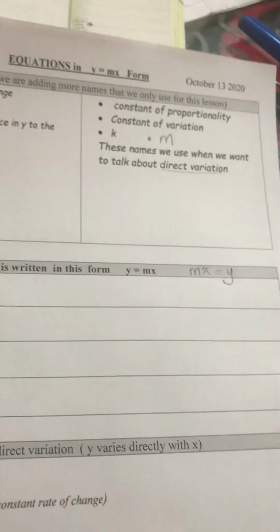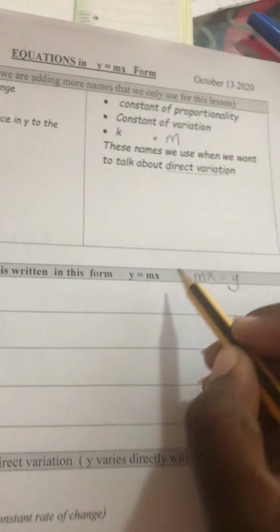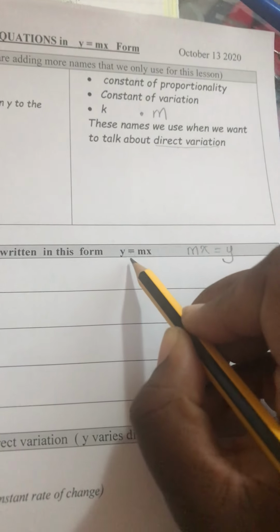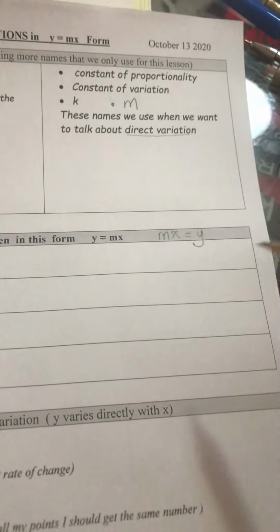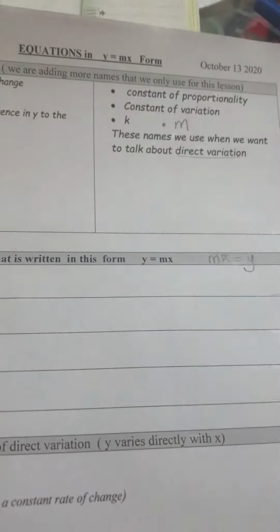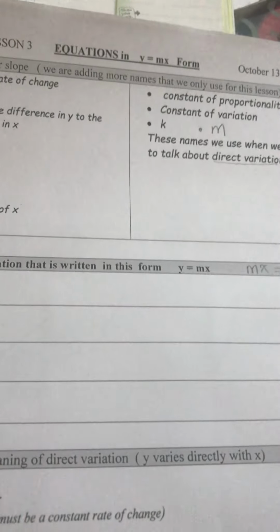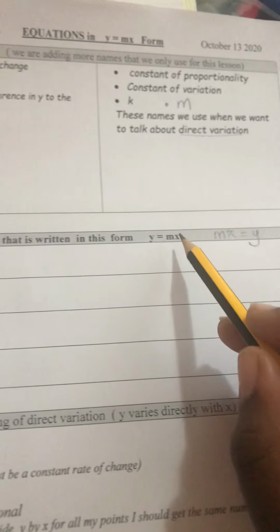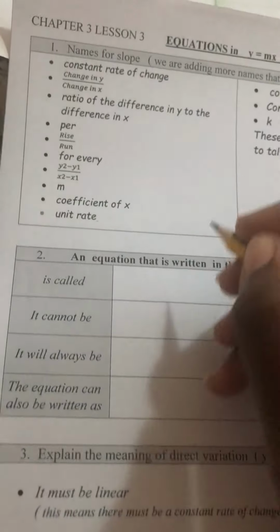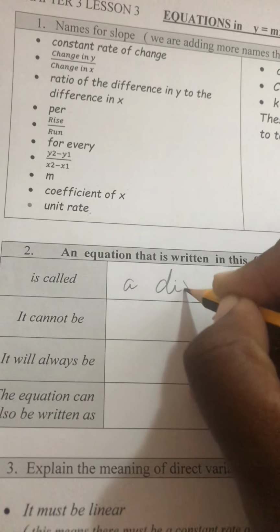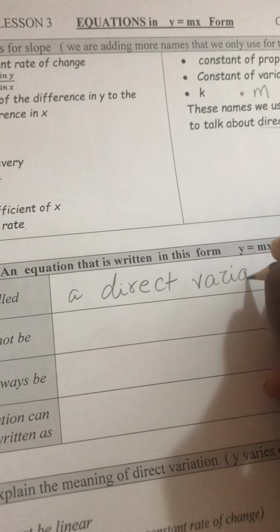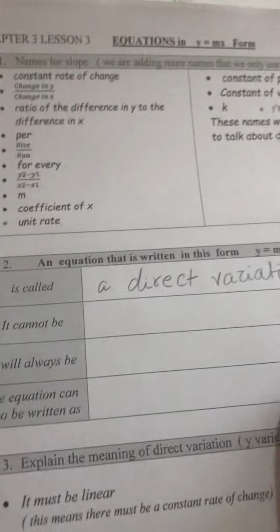Because commutative property says you can change your order. But the correct way is to write like this. I'm not saying they won't give it to you like this. I'm just saying as long as y is by itself and mx is by itself, then this equation shows direct variation. Okay? So, the equation that is written as y equals mx is called a direct variation. That is what it is called.